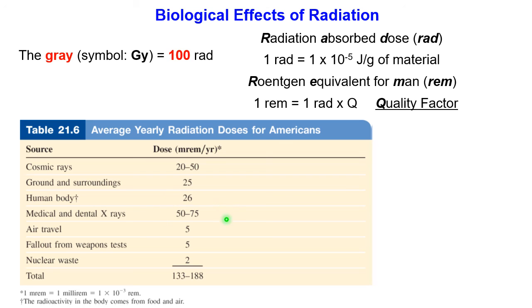On average, you have small doses from medical and dental tests, unless you do computer tomography, which will be much higher dosage. Air travel will do something, and then, of course, contamination from human activities, which is a relatively small fraction.